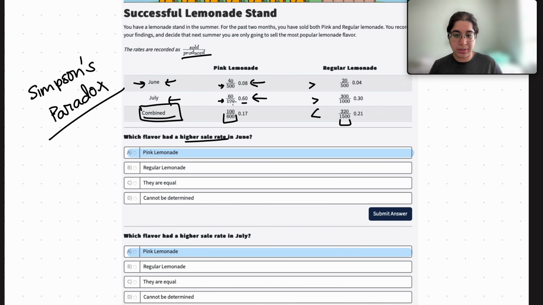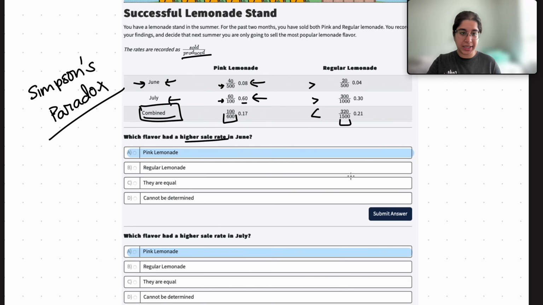And this can especially be seen in July, because when we look at totals of 100 versus 1,000, that difference really comes into play, because for regular lemonade, we're just dealing with a lot more numbers produced, which is why in July, pink lemonade has a higher sale rate. But when we look at the combined ones, regular lemonade has a higher sale rate because there was more produced and more sold out of those total produced.